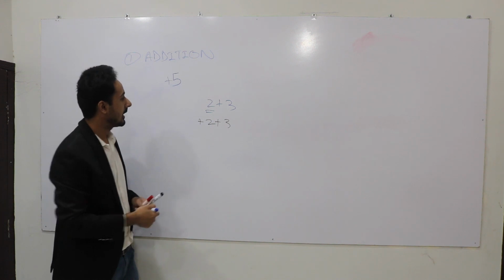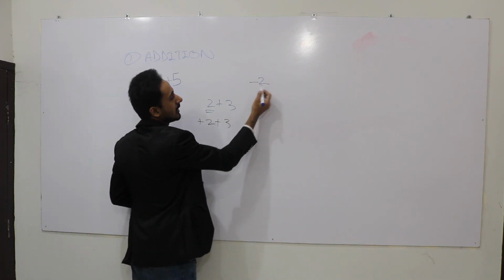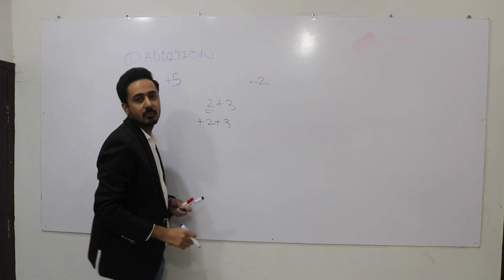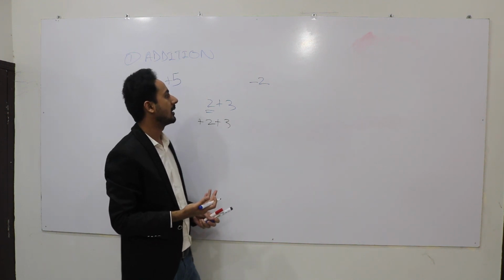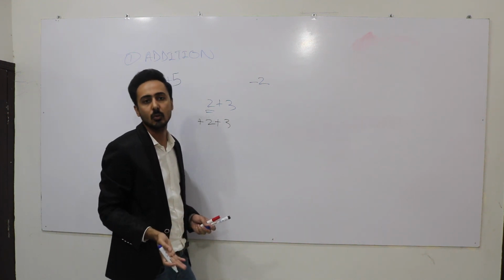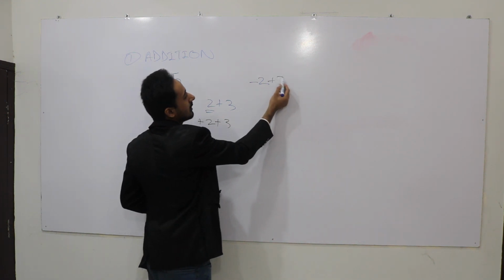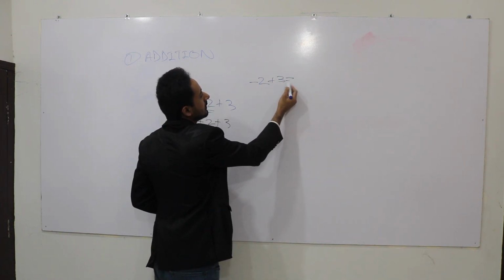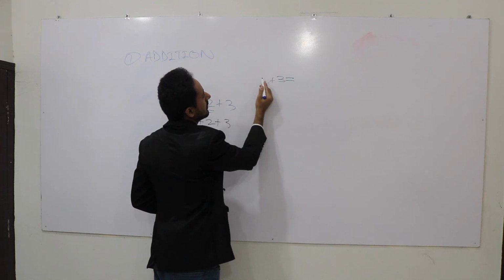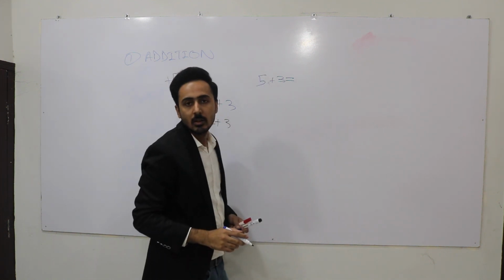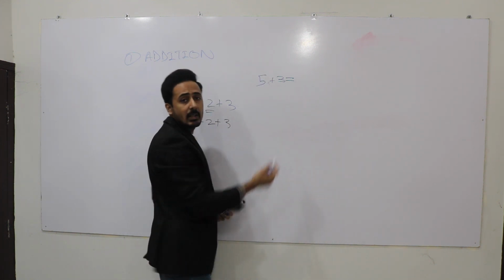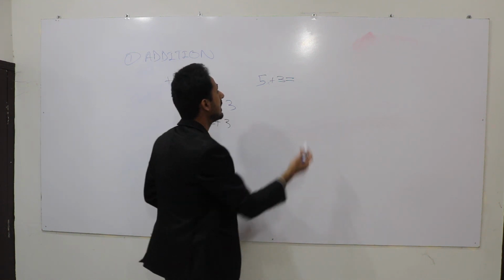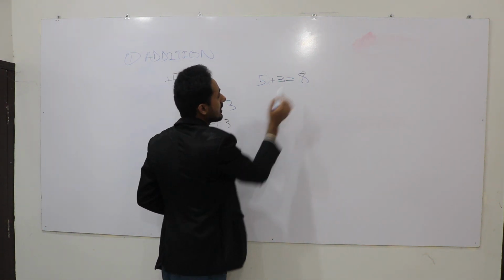And if I write like this, so this is negative 2. We can say negative 2 or minus 2. This is plus 3. And we talk about the equals to sign. So the number directly after the equals to sign is 8.